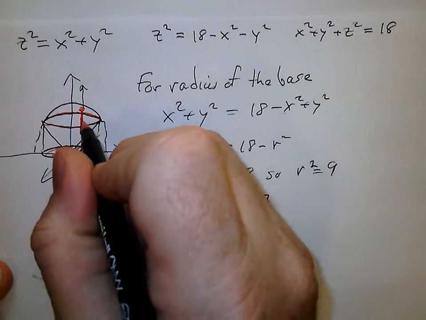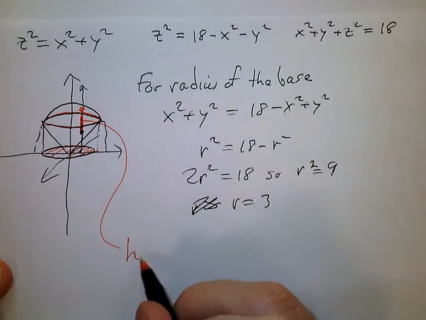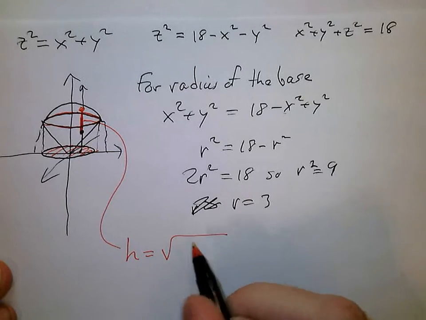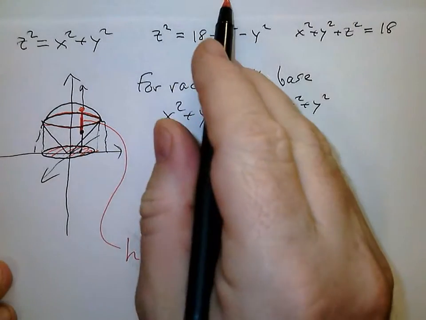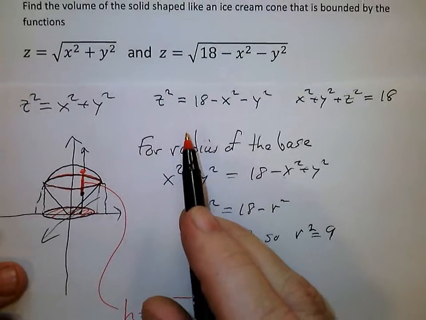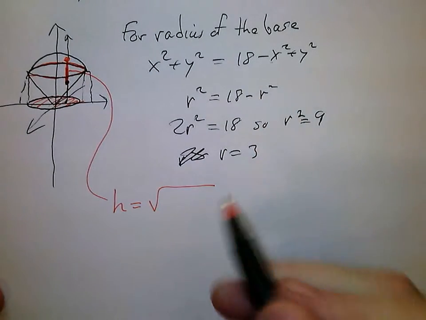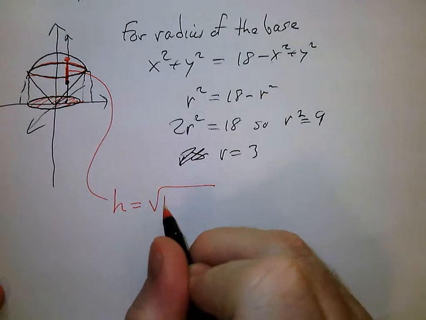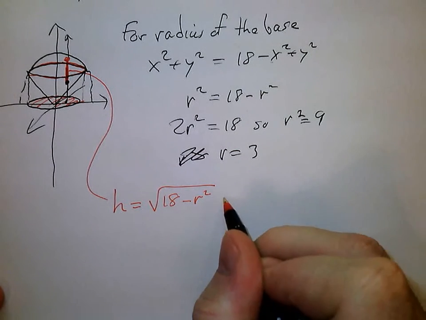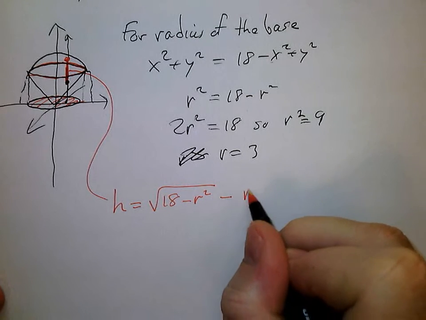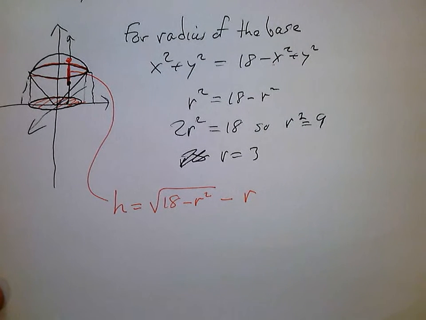So my little height h is going to be the square root of the top z, which was square root of 18 minus x squared minus y squared. So I have the square root of 18 minus r squared minus the cone, z is just r, like so. So that gives me the height there at a given point.